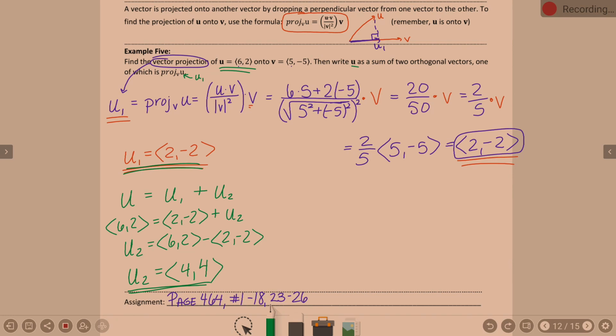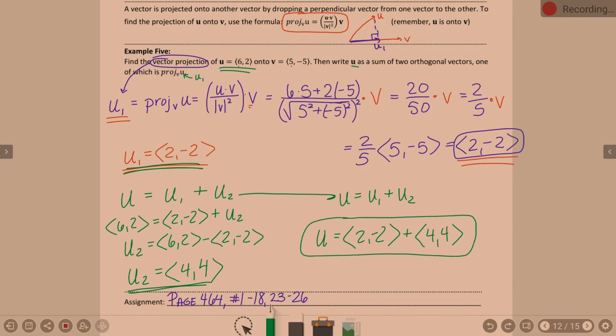When we set this up earlier, we said u is going to be u1 plus u2. Do we know u1? Yes. Do we know u2 now? Yes. So we can write u as a sum of two orthogonal vectors: u1, which is 2, -2, plus u2, which is 4, 4. And that right there is the statement that we would be looking for.